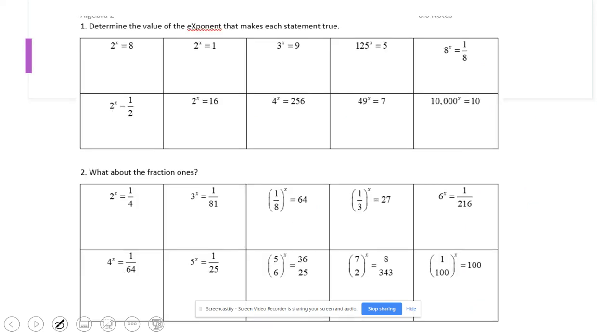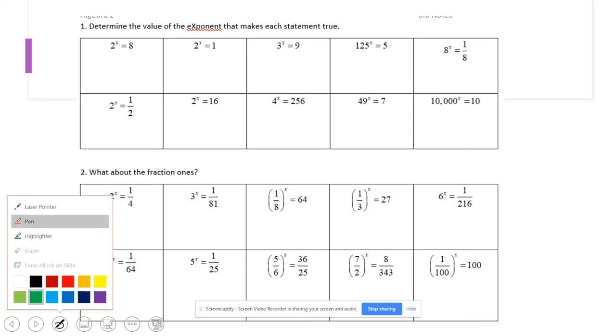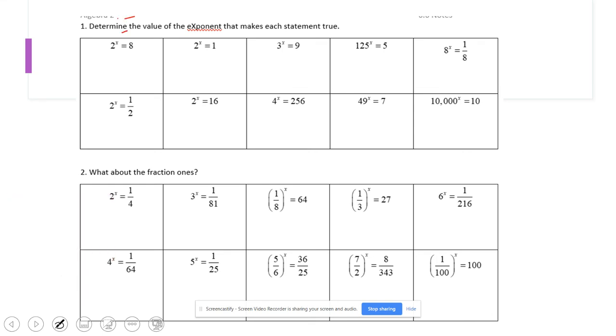All right, listen up. On the back side of this is column 1, column 2, column 3, column 4, and column 5.